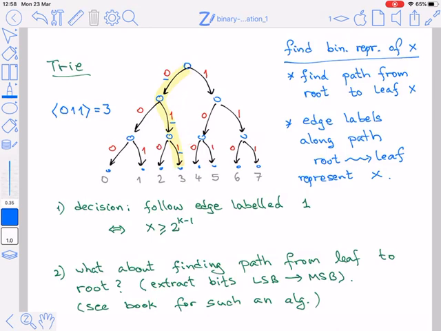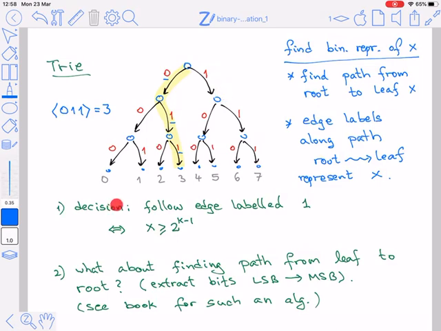Okay, so now what the algorithm does is it needs to decide, given when it starts in the root, if it goes to the left or if it goes to the right. Does it follow the edge which is labeled 0, or does it follow the edge which is labeled 1?